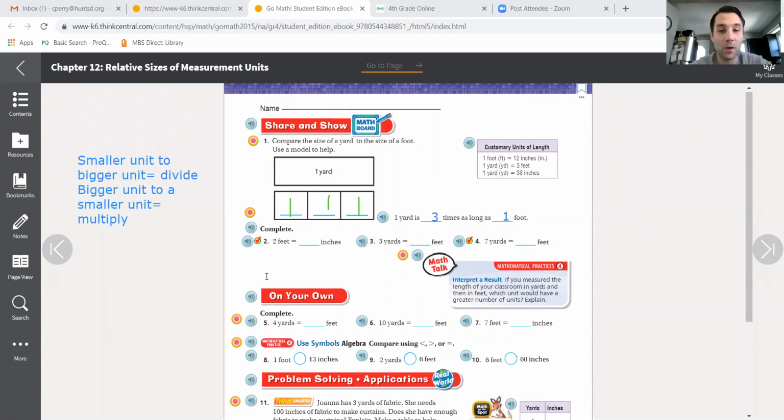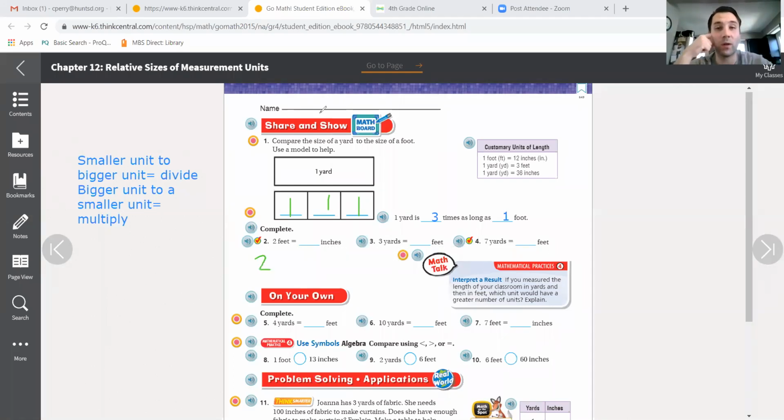Okay. All right. So these next 3 questions, questions 2, 3, and 4. Over here, my little tidbits are going to help us with this lesson, so we're going to use that. Okay. So we're converting 2 feet to inches. The first thing I'm going to do is write the number 2.